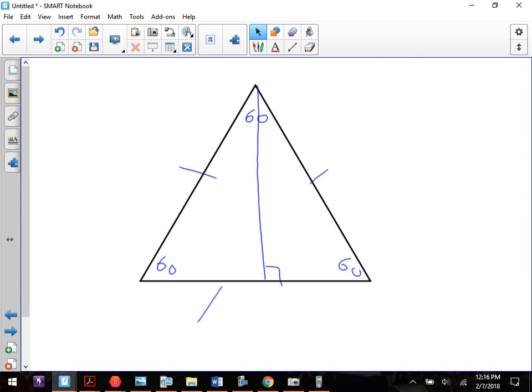So these two parts are going to be the same. It also bisects the angle up top. So if it was 60, both those angles become 30s. So what we're generating here, ladies and gentlemen, is what we call a 30, 60, 90 triangle.